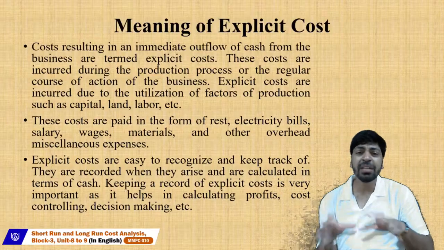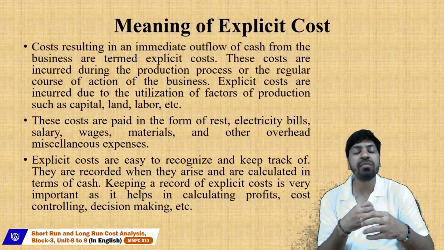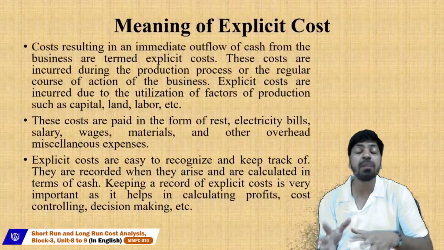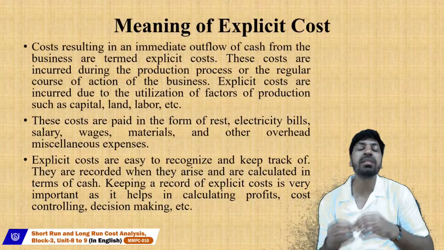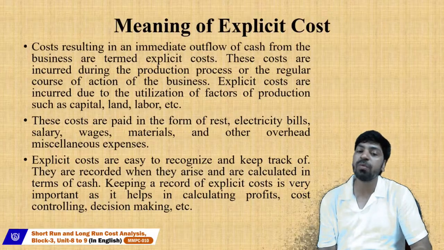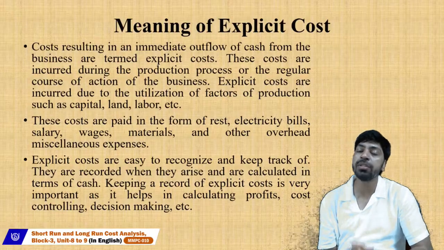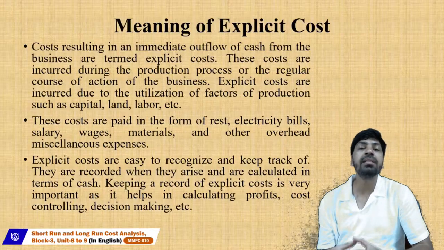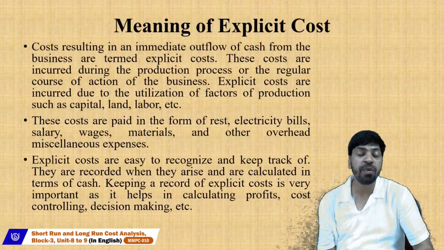So it always keeps track of all those costs which are incurred during the regular activities of the business in terms of cash. Keeping a record of the explicit cost is very important because it helps in calculating the revenue, profits, cost control, and decision making process in a very organized way.